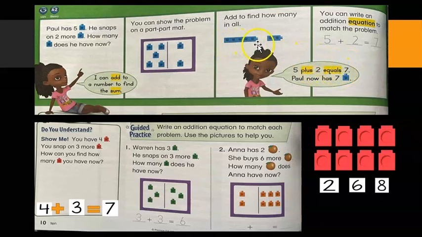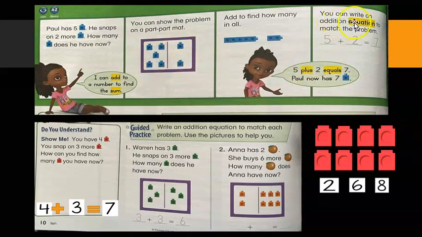But before that, we got to count these up. Let's count them. 1, 2, 3, 4, 5, 6, 7. So the answer is going to be 7. And if you count it up here, that is true. 1, 2, 3, 4, 5, 6, 7.